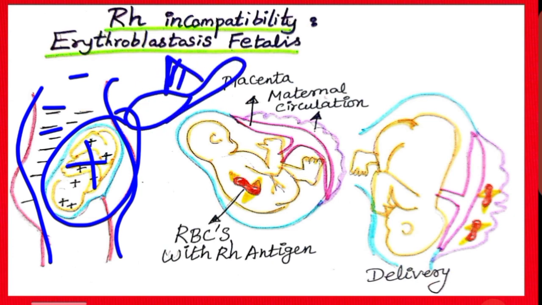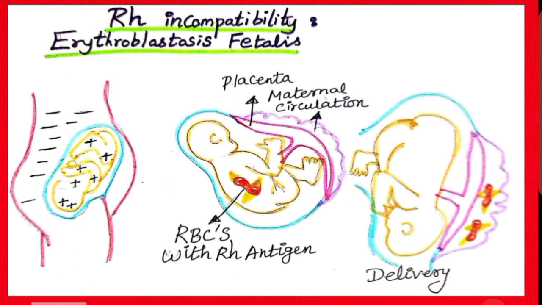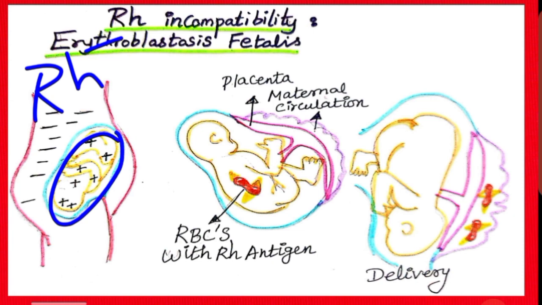RH antigen, right? This RH antigen is present in the child. However, since the mother is RH negative, she doesn't have RH antigen. During delivery, the RBCs with RH antigen from the child can enter the mother's system during childbirth time.